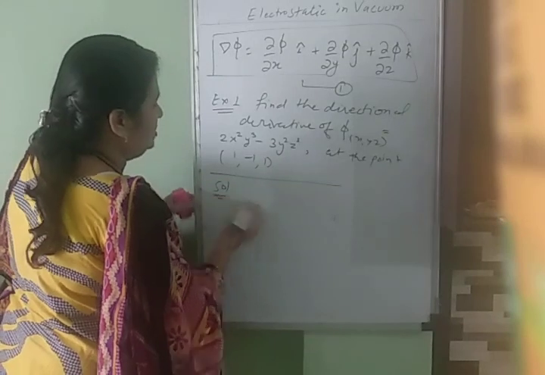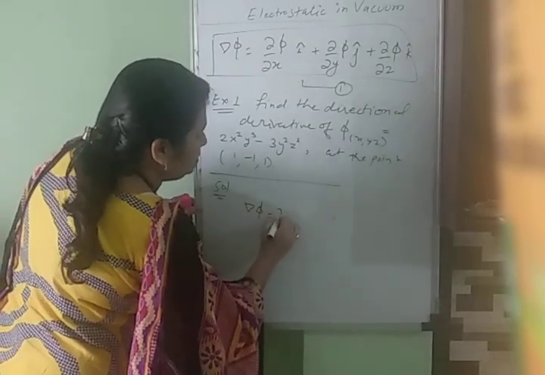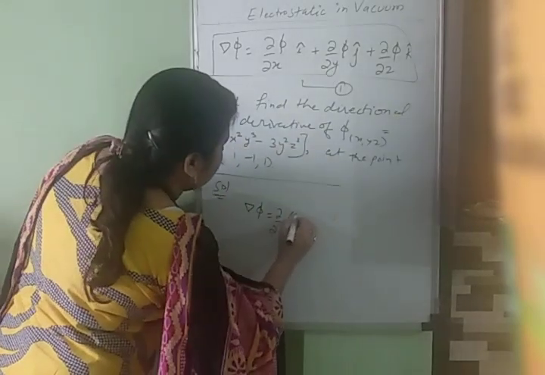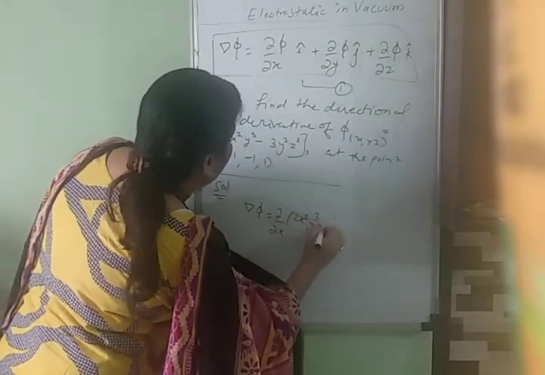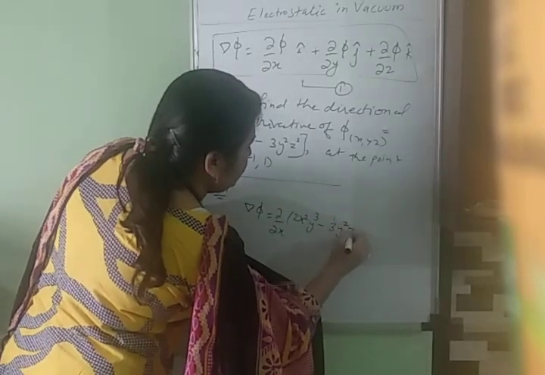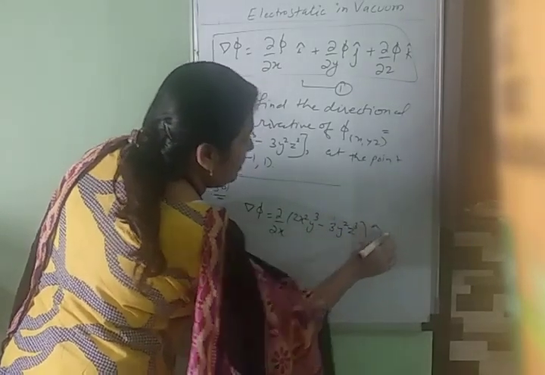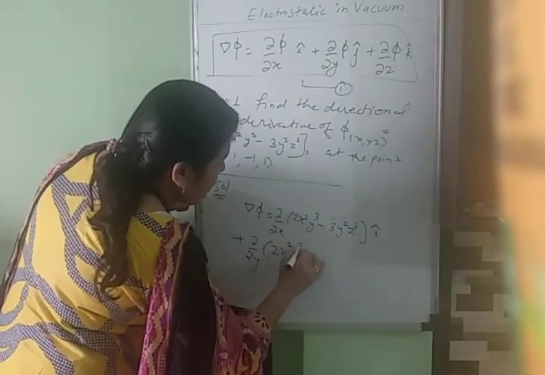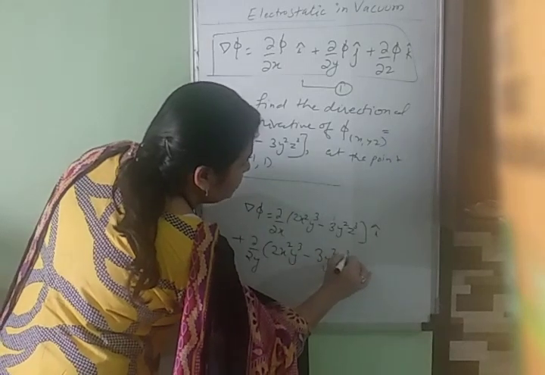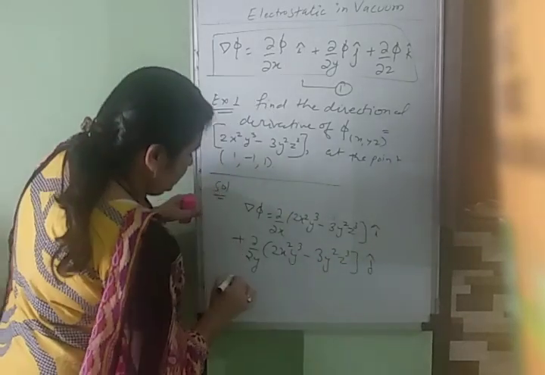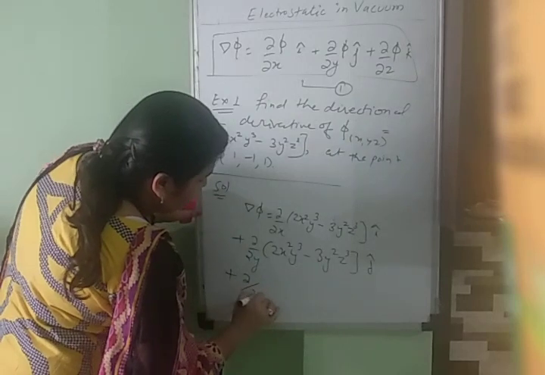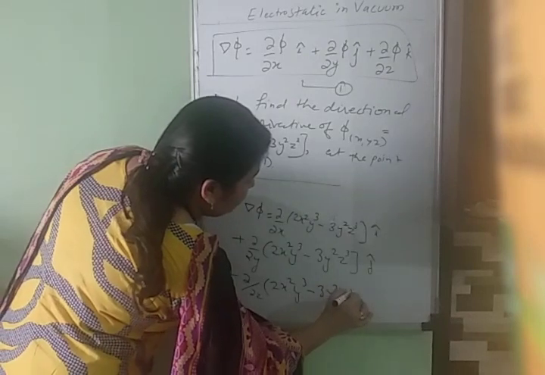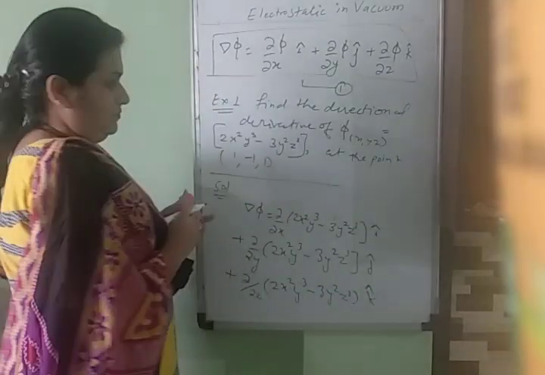Here is the solution. Del phi is equal to ∂/∂x of the phi function, which in this question is 2x²y³ minus 3y²z³, times vector i, plus ∂/∂y of 2x²y³ minus 3y²z³ times vector j, plus ∂/∂z of 2x²y³ minus 3y²z³ times unit vector k.